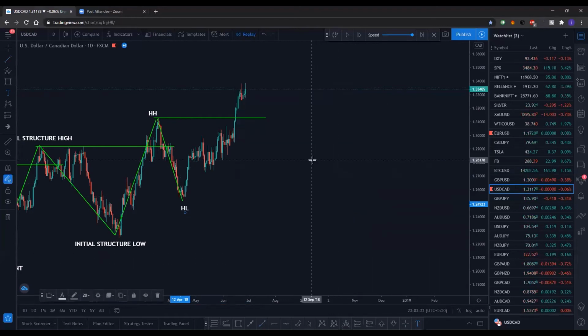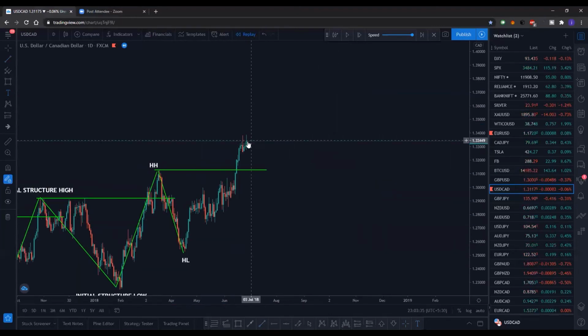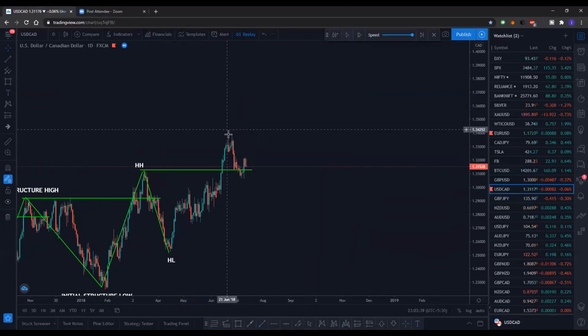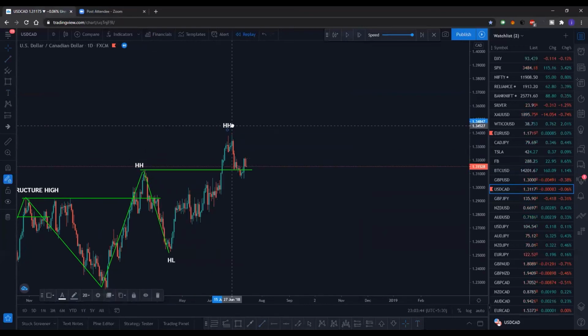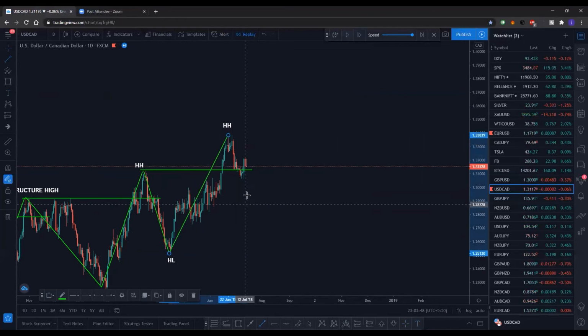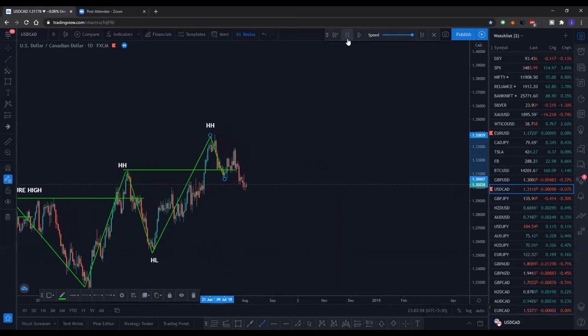Okay, we don't know whether this is going to be the higher high. We need to see some pullback. Okay, so yeah, we have some pullback. So this is the next higher high, or new high, you can say. All right, but we cannot confirm whether this is going to be the higher low. Okay, we'll see.